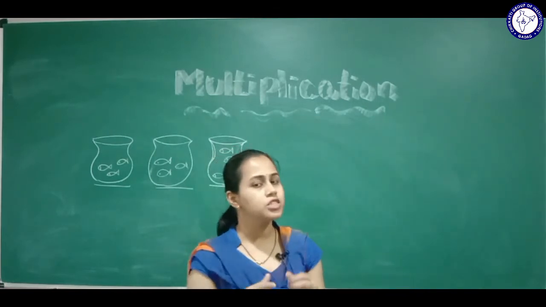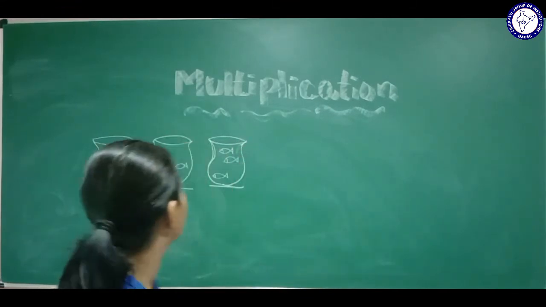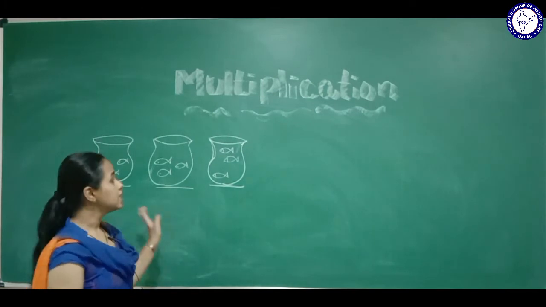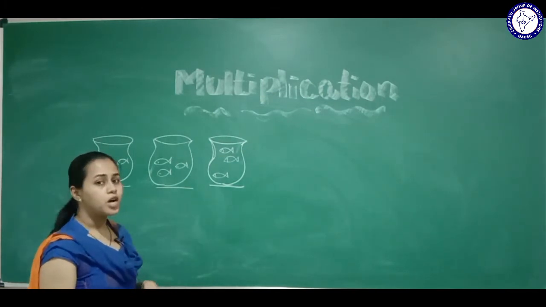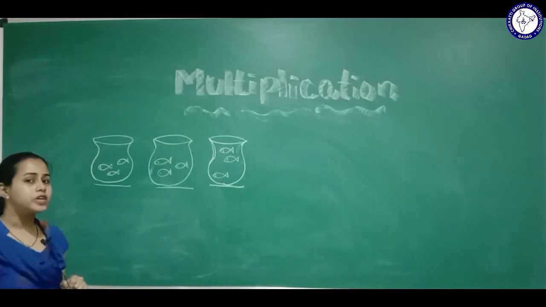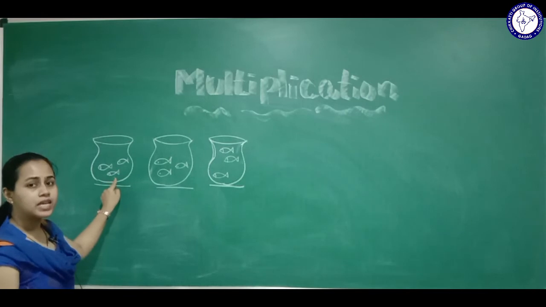Okay, I'll just give you a small example here. Here you can see there are 3 pots. How many pots? 3 pots. In each pot, how many fish can we count? 1, 2 and 3.